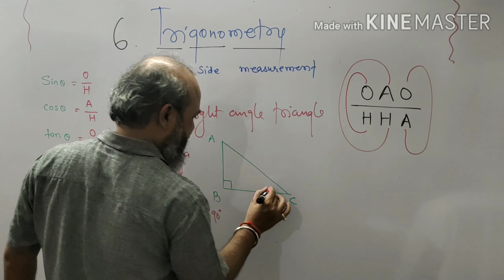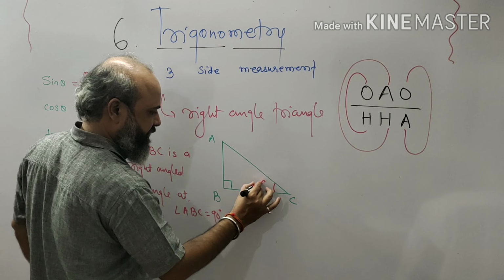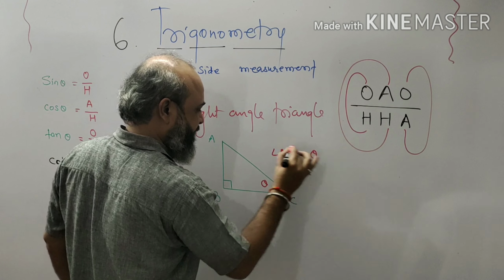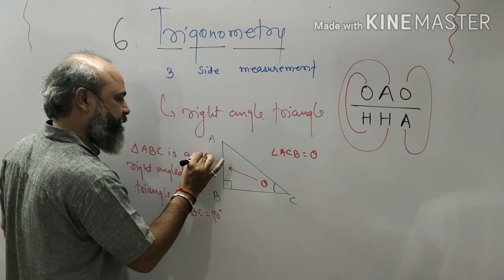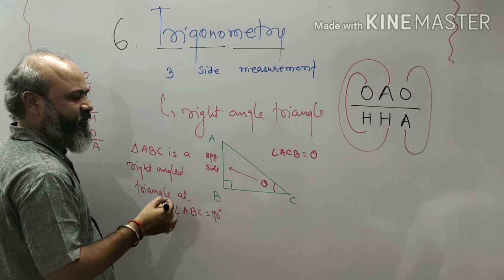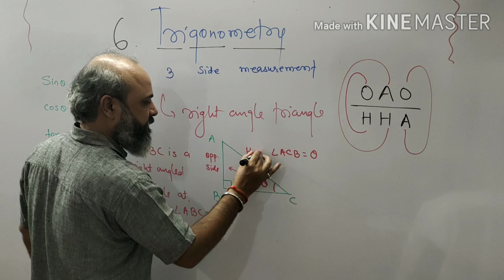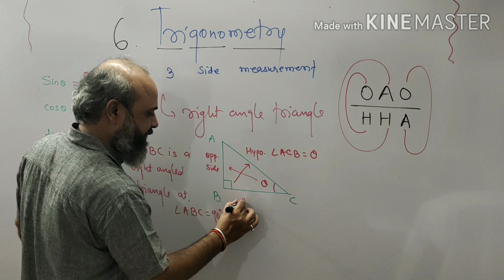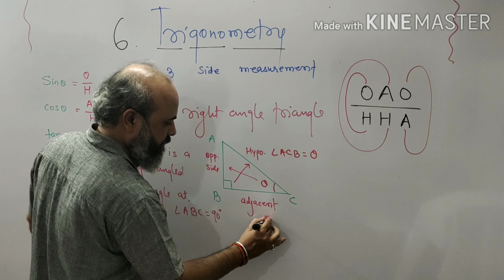I will make one angle here. Angle ACB is theta. The side which is opposite to angle theta is called the opposite side. The side opposite to 90 degrees is called the hypotenuse. And the remaining side, BC, is called the adjacent side. Clear?